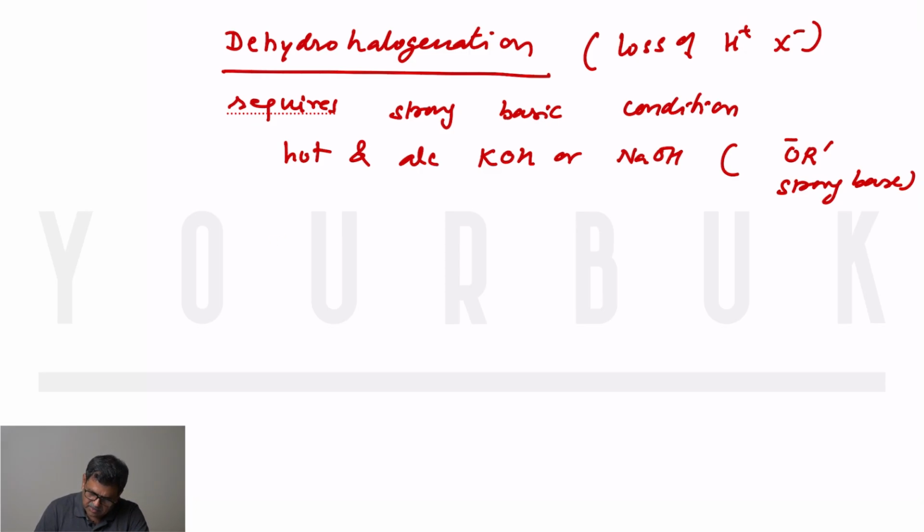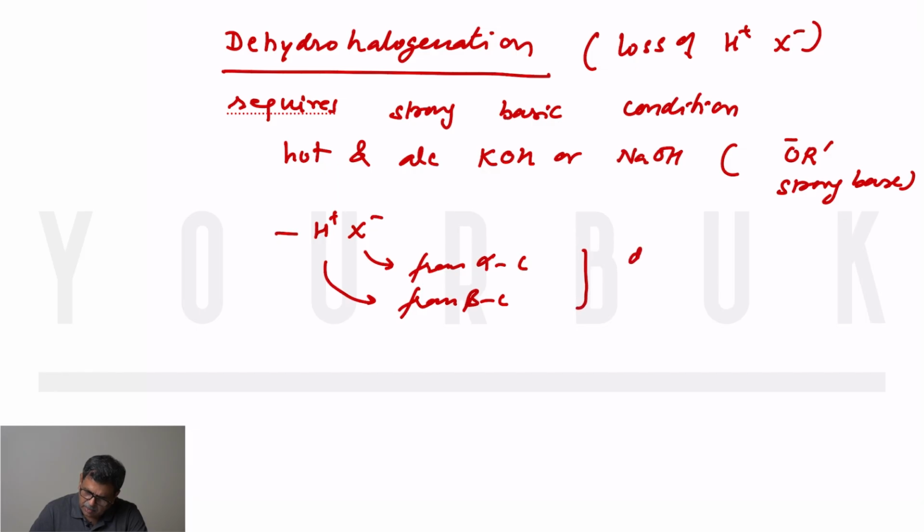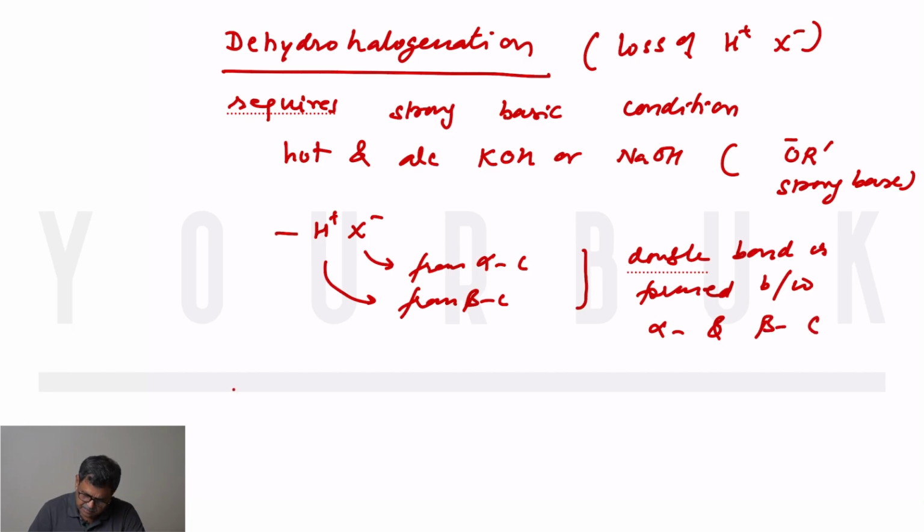So what we do in this case, when we remove HX, we remove X minus from the alpha carbon and we remove H plus from the beta carbon. As a result, the double bond is formed between alpha and beta carbon, like this. So this is my halogen.